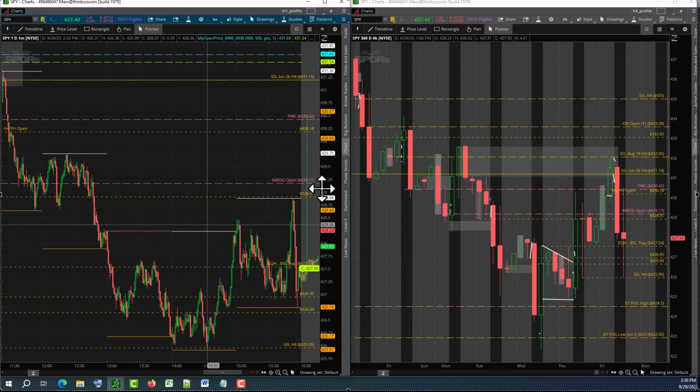So what do we want to say right here? Basically right here we say target is X4 sell-side liquidity at 425.95. Is that right? Yes, 10.95. Hit at 14:32.